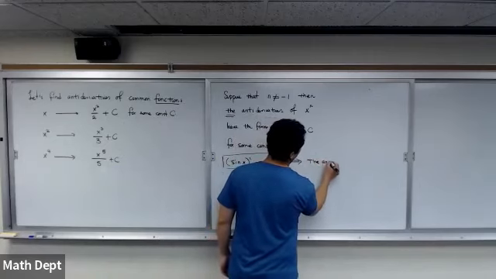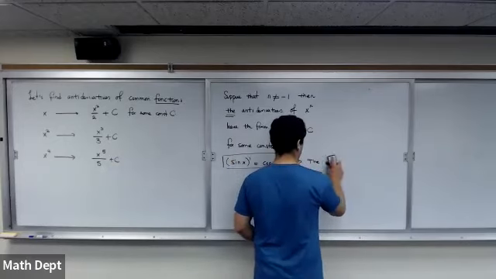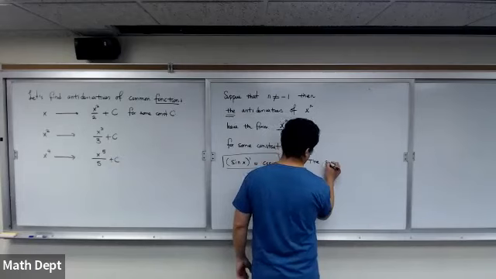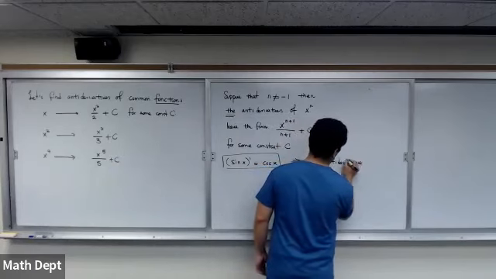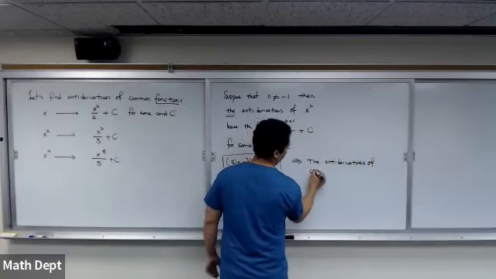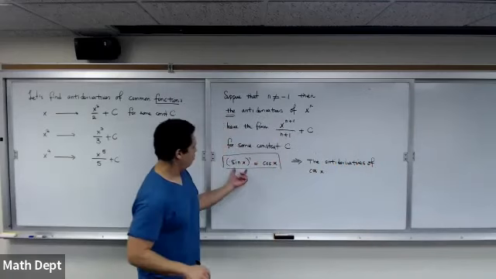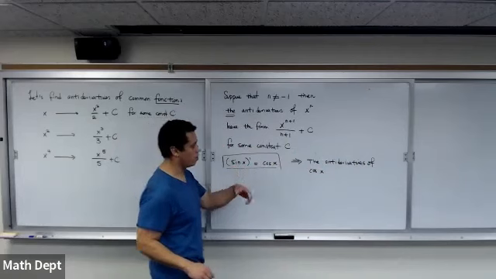The antiderivatives of cosine of x, well, they all look like sine of x plus some constant.